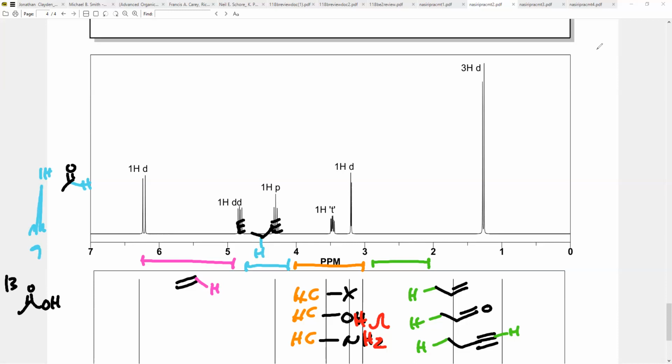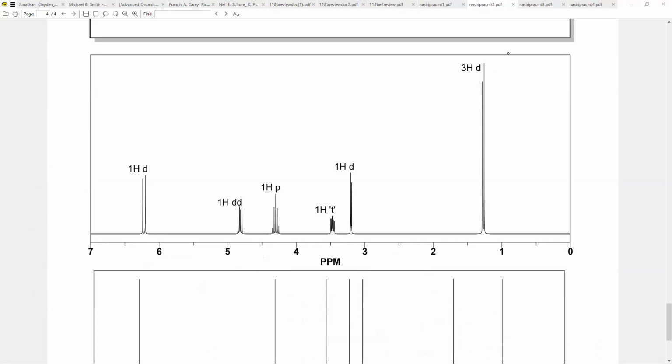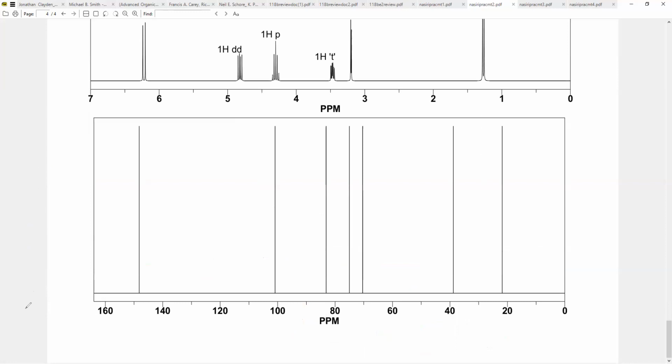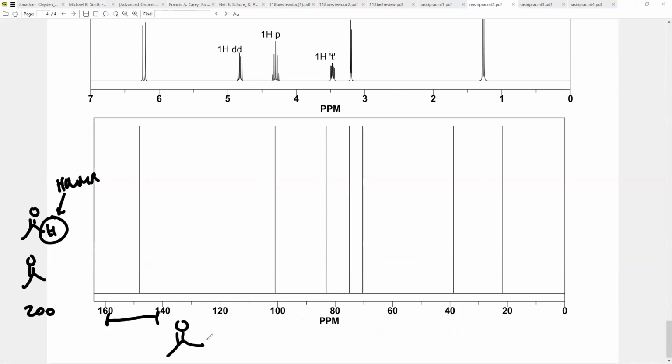Okay. For the CNMR, all you really need to know is that around 200 is where you see ketones and aldehydes. So to confirm that they are there, use the CNMR. How do you tell the difference between the two? This and the HNMR, right? Just look for that. From 160 to 140 is where you see esters, carboxylic acids, and amides, right?